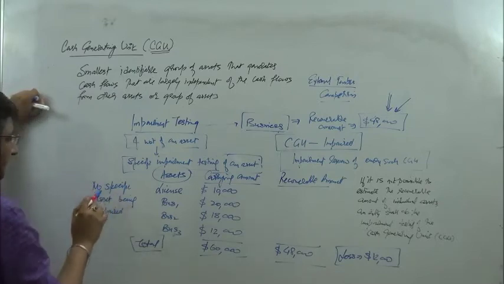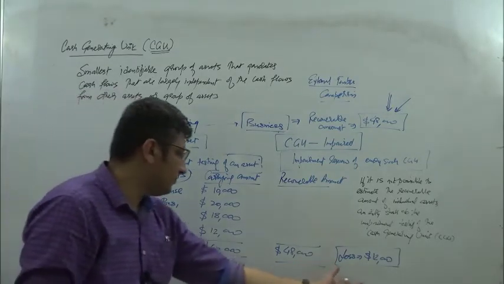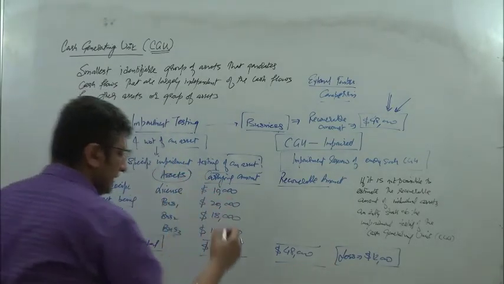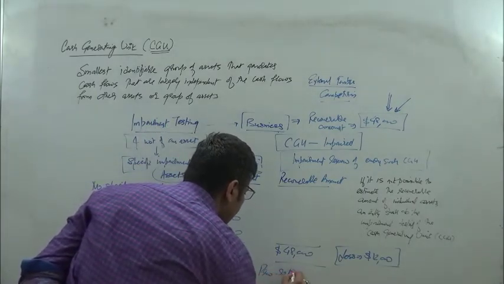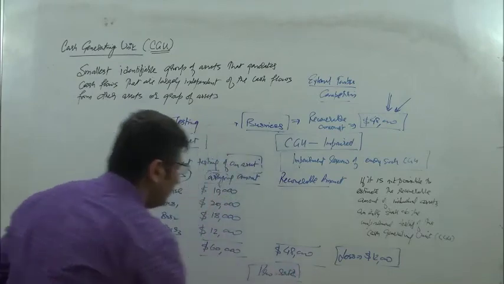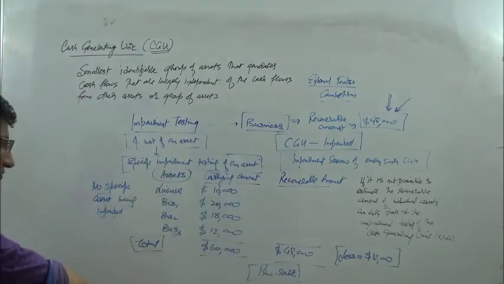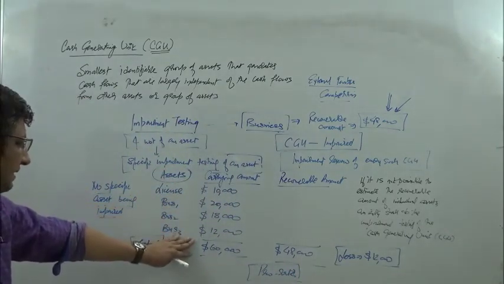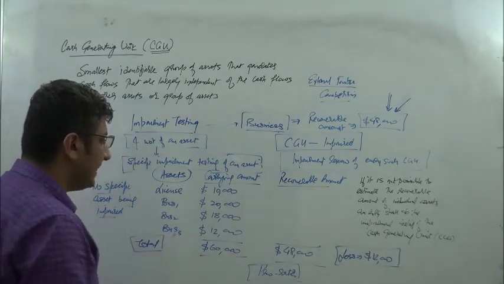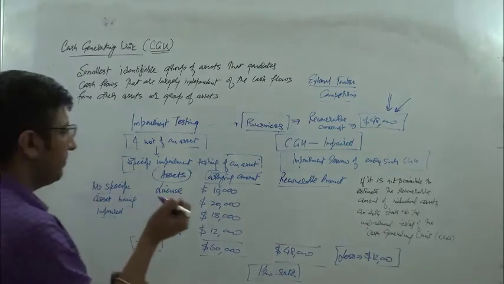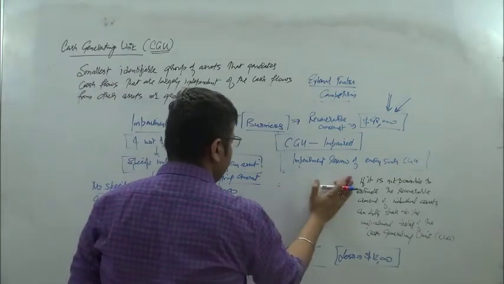We are saying that the loss of 12,000 should be charged to each category or each type of an asset on a pro rata basis.